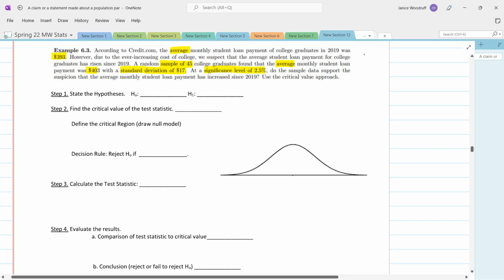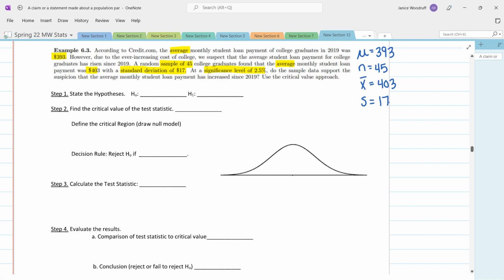So that gives us a population mean of $393. Then we had a sample size, 45. Within the sample, we have an average, so that will be an X bar of $403 and a sample standard deviation of 17. And we have a 2.5% significance level.